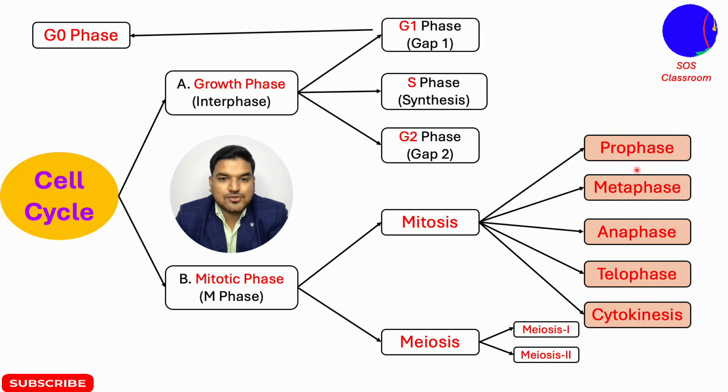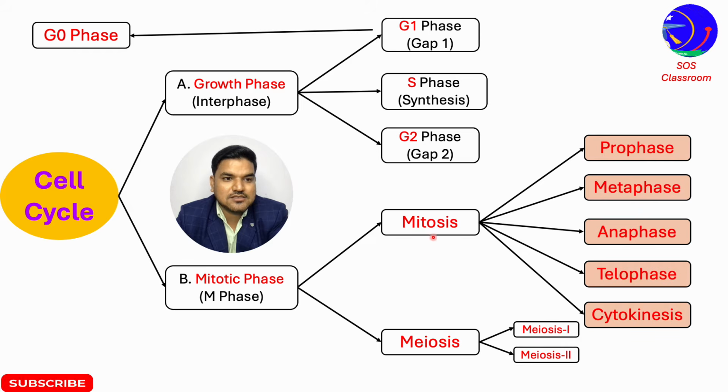Mitosis is again divided into two categories. First is karyokinesis and second is cytokinesis. Karyokinesis has four stages: prophase, metaphase, anaphase and telophase. And cytokinesis is the formation of the cytoplasm, meaning all the organelles which are present in the cytoplasm form in this stage.